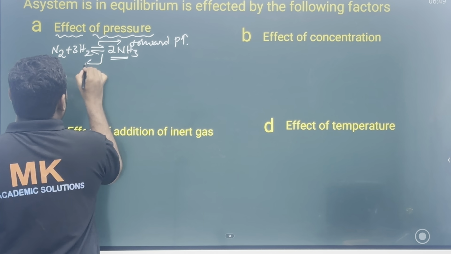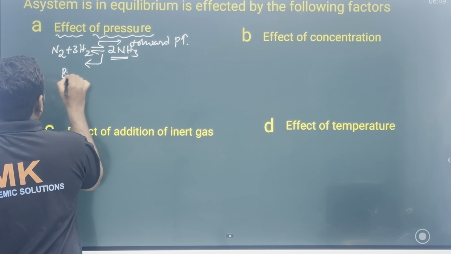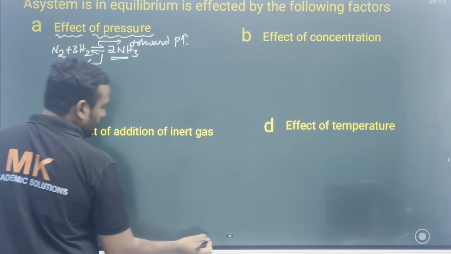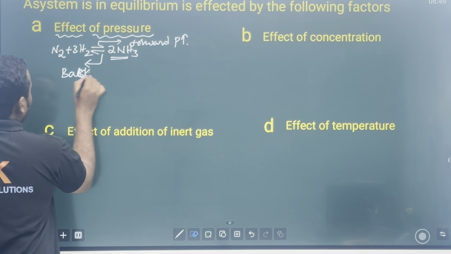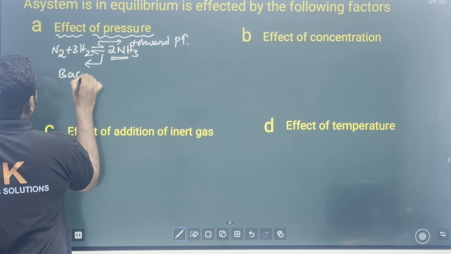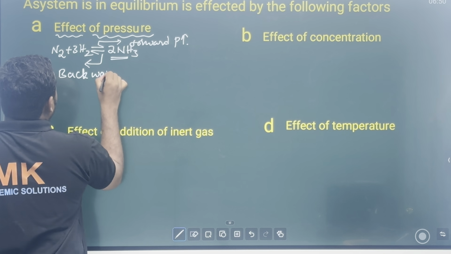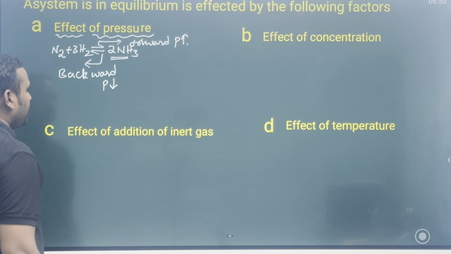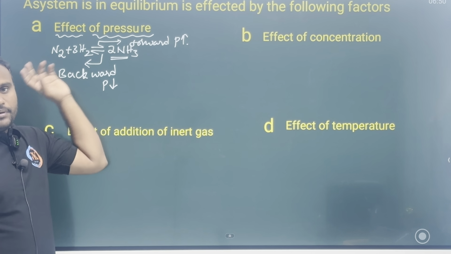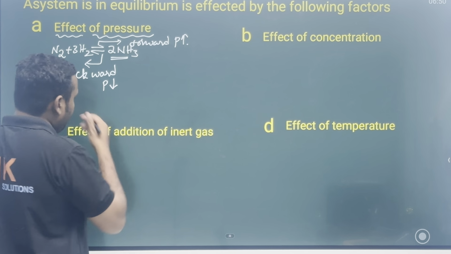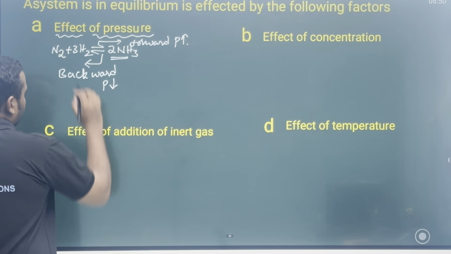Here it is the backward reaction. When pressure is decreased, the backward reaction is going to take place, as equilibrium shifts towards the larger number of moles.